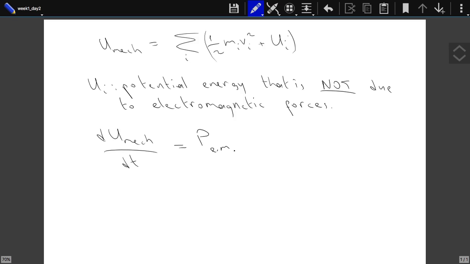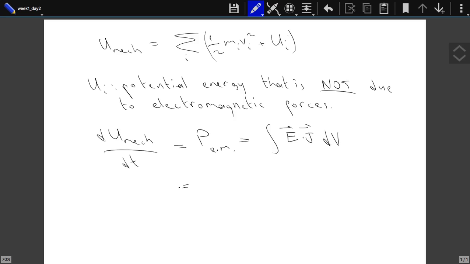And we had seen that, this is from mechanics, we already know the force acting due to the electromagnetic forces, and so the power would be just E dot J, integrated over all the volume to take into account all the forces acting on all the particles.